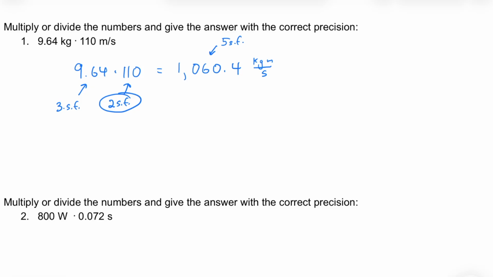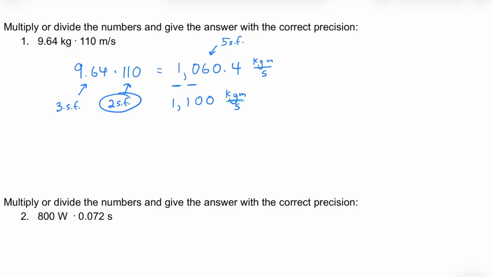So we will round this number to 2 significant figures. The first significant figure is the one in the thousands place, and then we will round to the hundreds place. So if we round this, we end up with 1,100 kilogram meters per second. So we rounded to just 2 place values.